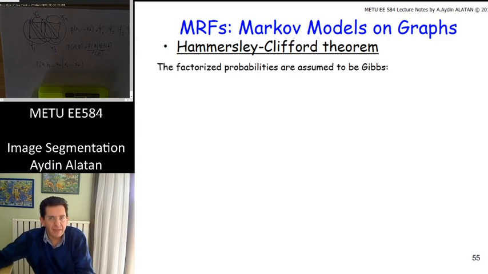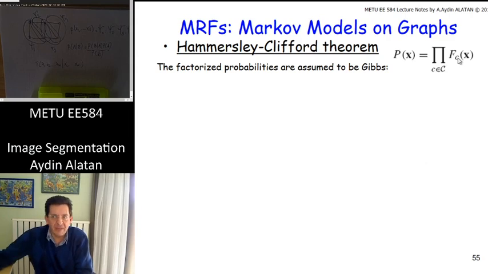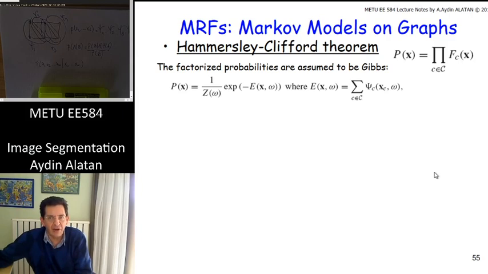The Hammersley-Clifford theorem gives a specific probability distribution called Gibbs, named after a statistical mechanics physicist called Gibbs. This is the joint PDF written in terms of f_C(x), where C is defined on your cliques, and that's an exponential.